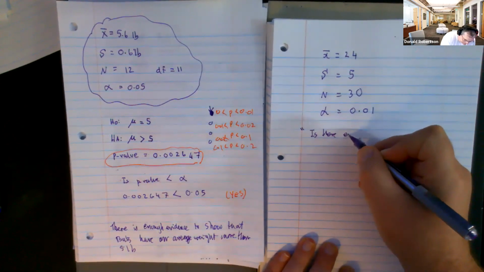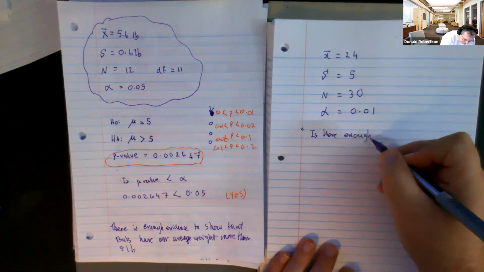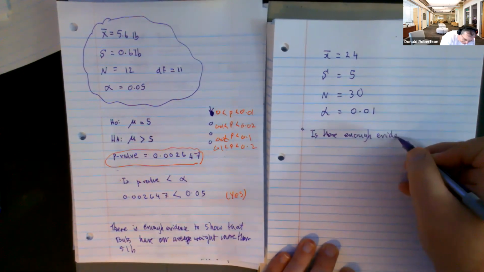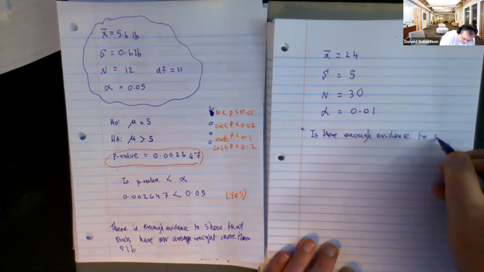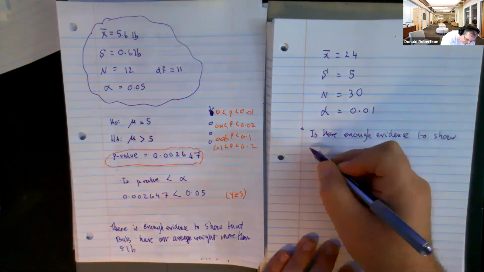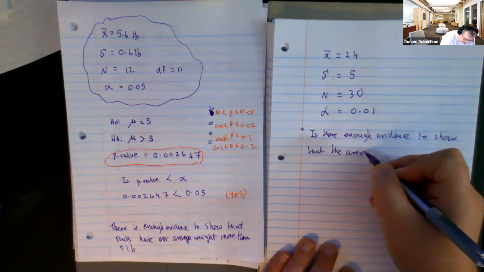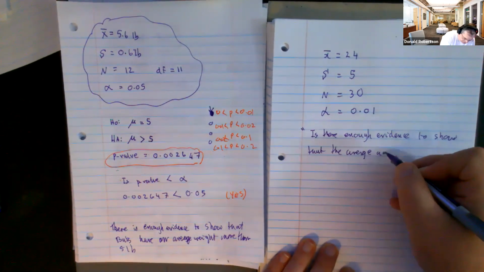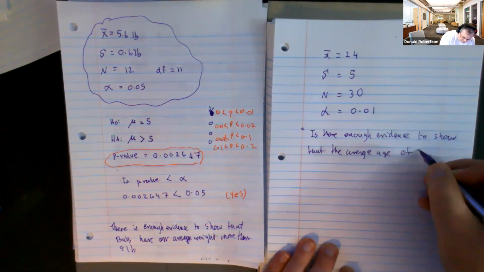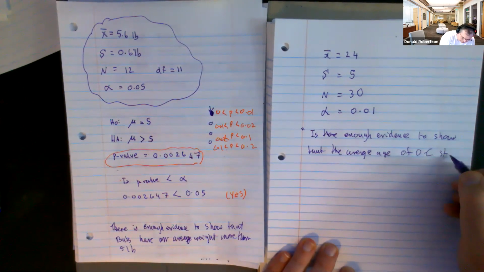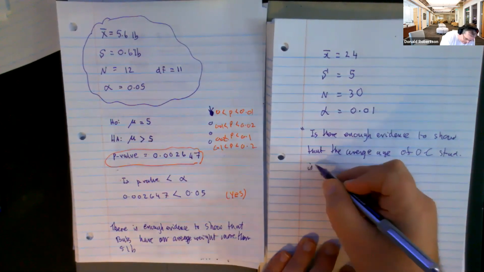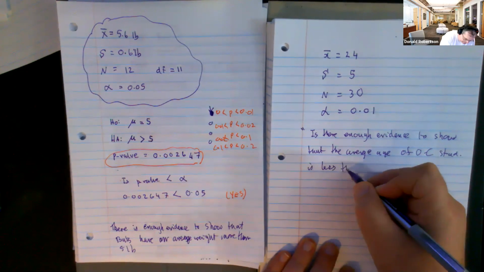And we want to know, is there enough evidence to show that the average age of OC students is less than 25?